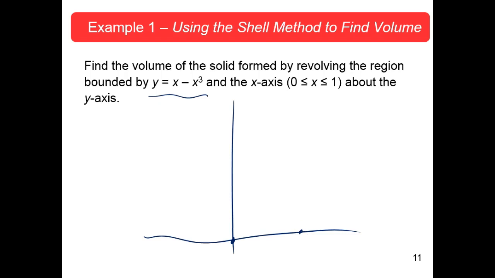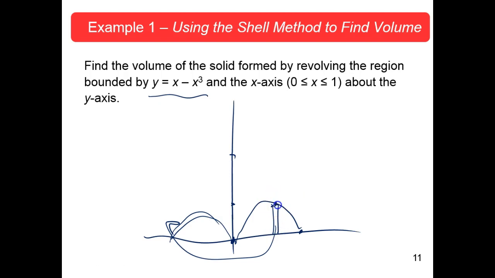And when x is, say, 0.5, that would be 1/2 minus 1/8, which would be 3/8. So if this is 1, 3/8 would be somewhere about there. There's some sort of weird shape here. This is going around the y-axis, so it'll wind up being a shape like this on the other side. Here's your dx. That's going to be the shell.